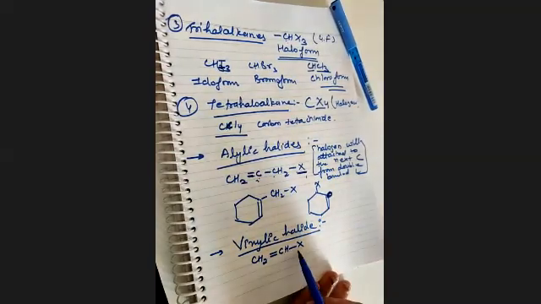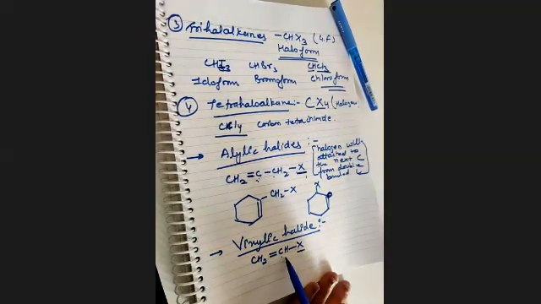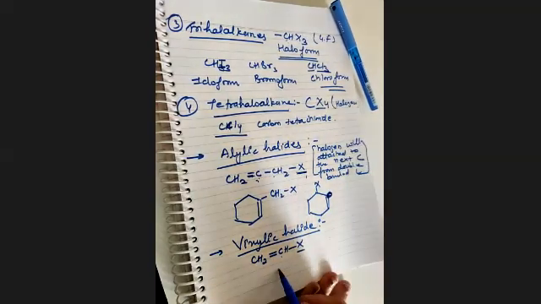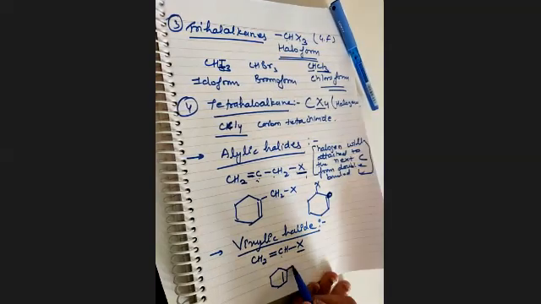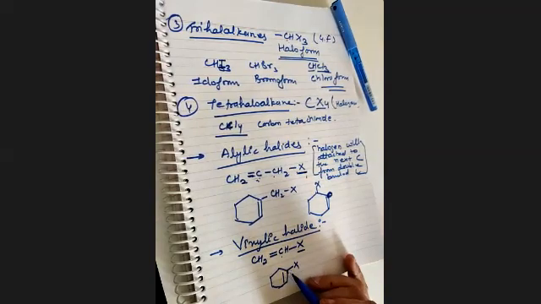Or you can say the halogen will attach to the same carbon on which the double bond is there. Wherever the double bond is, your halogen will attach to that carbon. Next, one more example. See, the double bond is there, and with the same carbon atom your halogen is also attached.